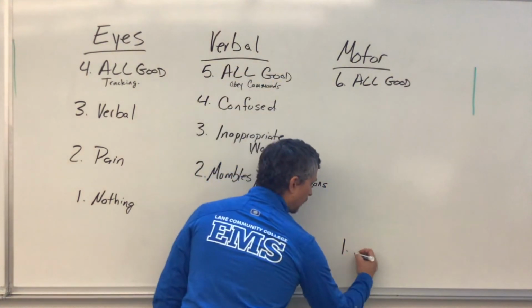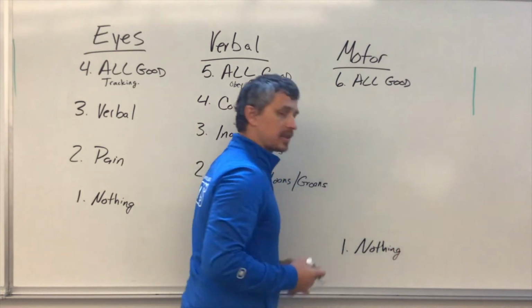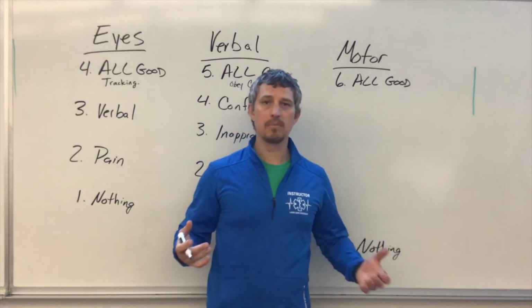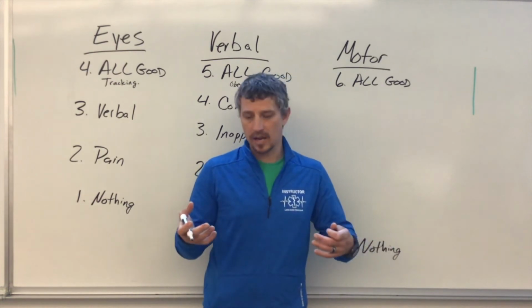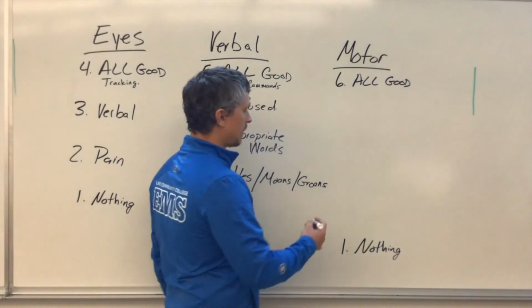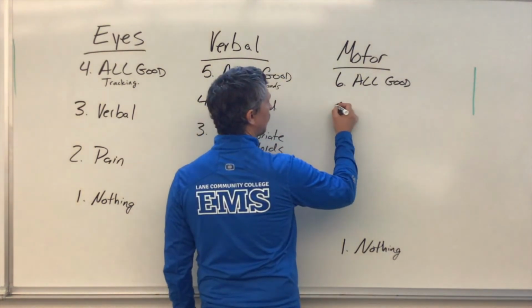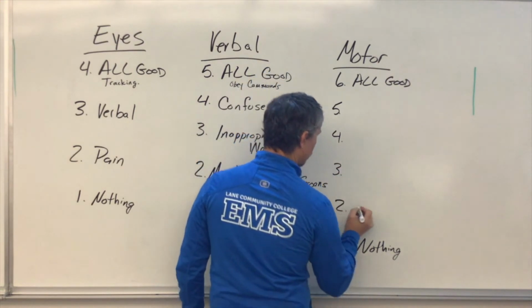And then again, 1 is going to be nothing. Our patient that's laying flat, they can't move, they're not extending, they're just kind of laying unresponsive. And then we're going to fill in those gaps. So we got a 5, 4, 3, and 2.